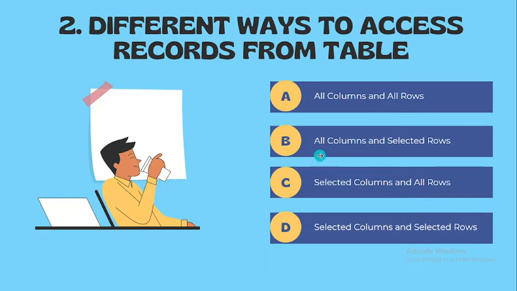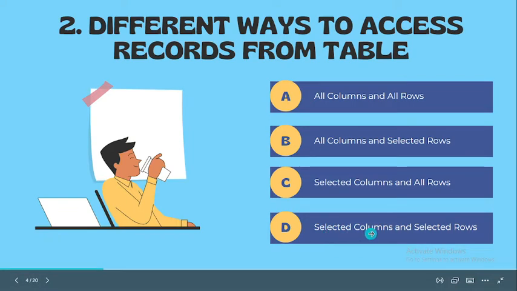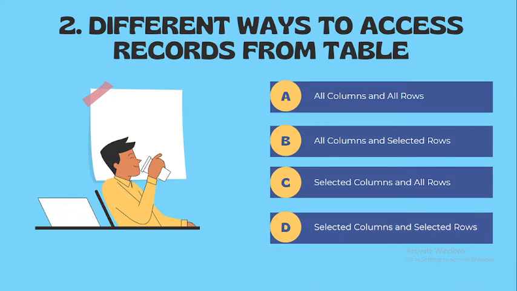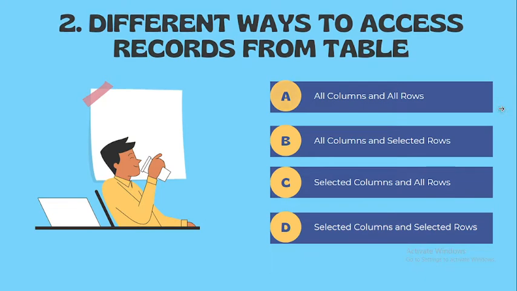Second is all columns and selected rows. Third is selected columns and all rows, and fourth is selected columns and selected rows. We will discuss all these four categories of accessing the records from a table one by one.